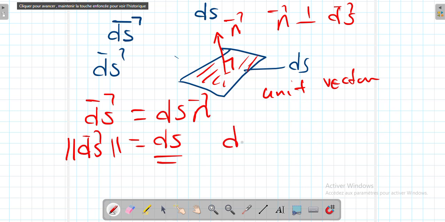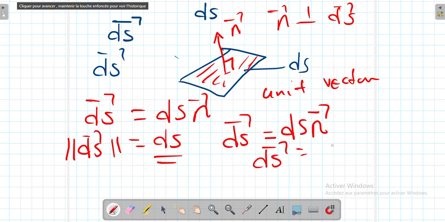Whenever you see ds as a vector, it is just the magnitude ds and a unit vector that is normal to that surface. We're no longer just dealing with ds alone, we're going to be dealing with ds as a vector.